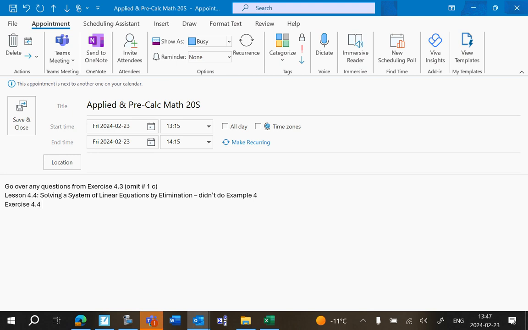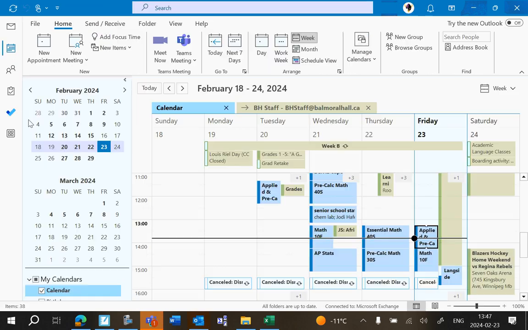There might be some to omit, I'm not sure yet. No, you can do all of them. So all of exercise 4.4 for Tuesday, please.